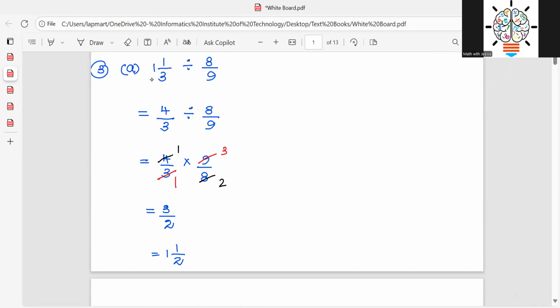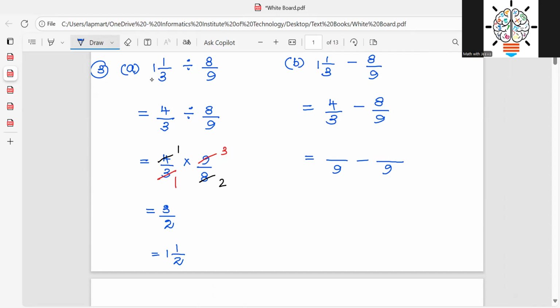Then I'm moving to part B. I have 1 and 1 over 3 subtract 8 over 9, so the same thing: 4 over 3 subtract 8 over 9. Now I have different denominators, so I want to get the common denominator 9. How do I convert 3 into 9?